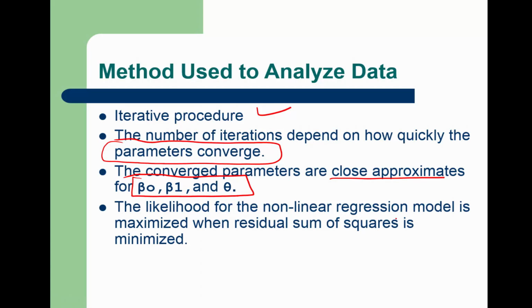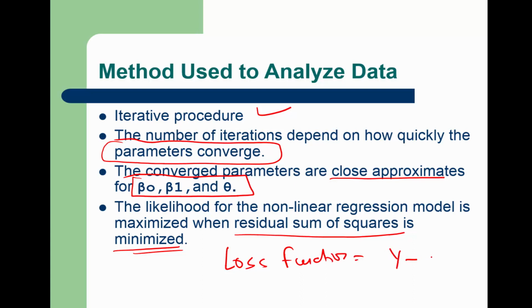The likelihood of the nonlinear regression is maximized when the residual sum of squares is minimized. So here also we define a loss function, which takes care of y minus f of x, where x is your independent variables and some sort of a beta. Here we have beta and then the exponential term, t by theta.